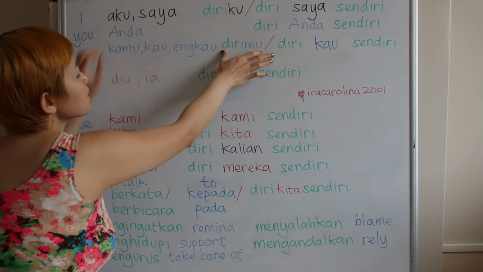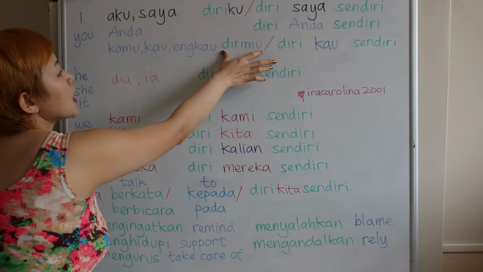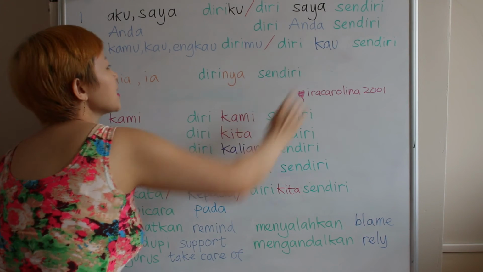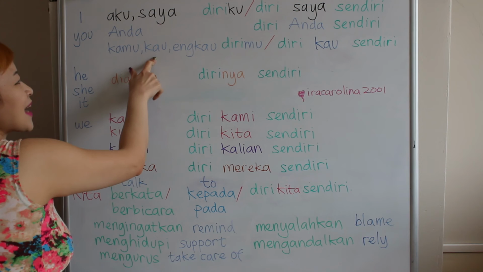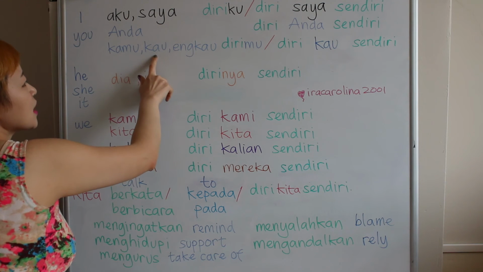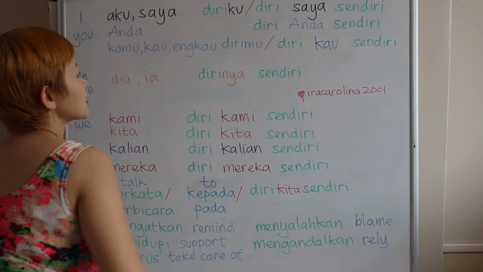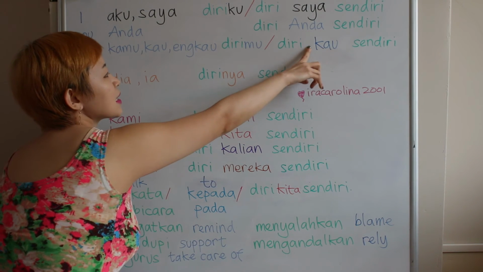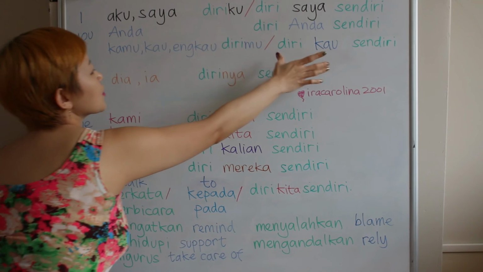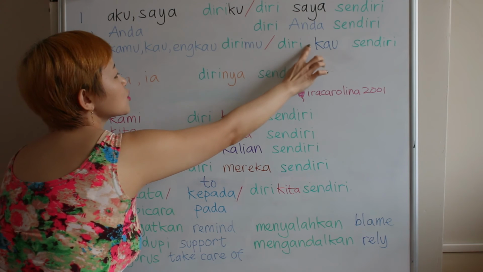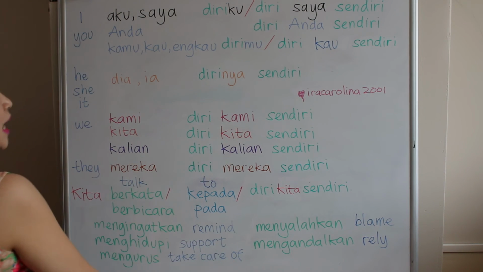Together with diri, it becomes one single word, dirimu, dirimu sendiri, or for engkau and kau, it becomes diri kau sendiri. But in this case, kau, even though it's from engkau, it's not together with diri, it should be separated with space here. Diri kau sendiri.